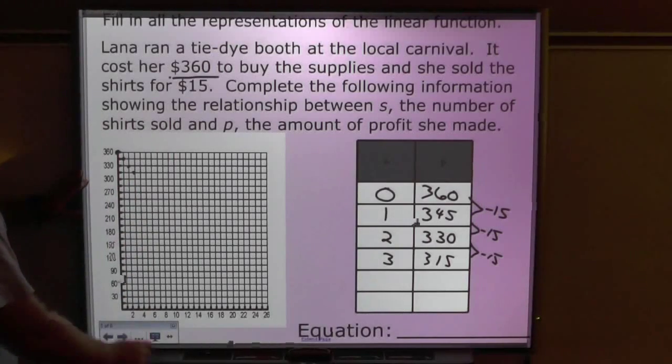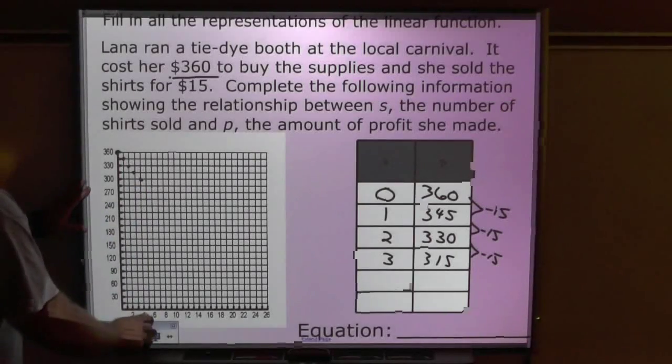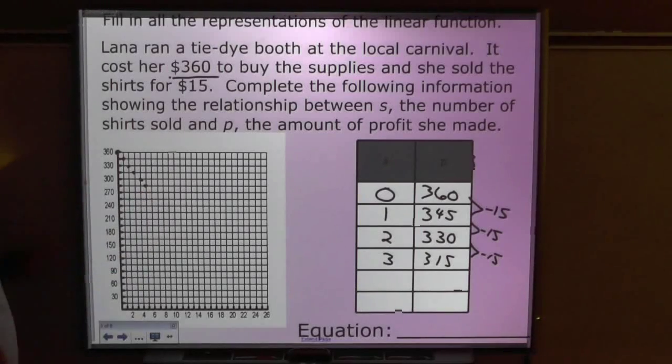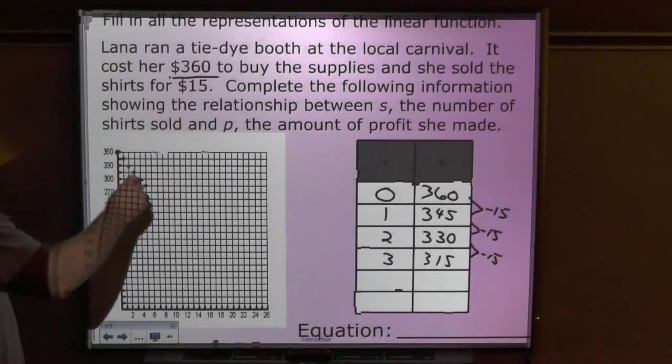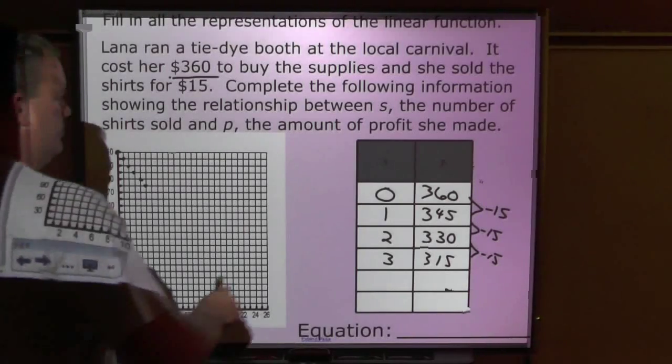So on and so forth. You can do this all the way down. 4, 300. 5, 285. So on and so forth. All right. And again, hopefully you're drawing only points. This is discrete, not continuous, all the way through.